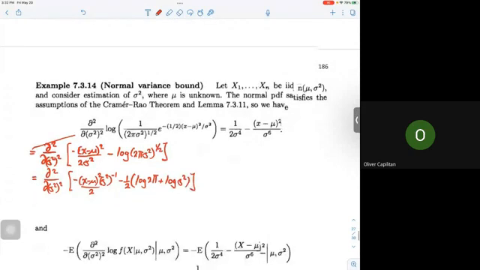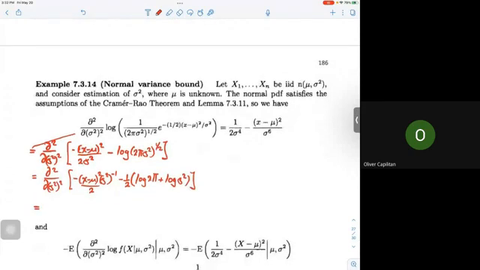So if we're going to take the derivative of that, the first derivative with respect to sigma squared, we have positive (x minus mu) quantity squared, the derivative of that, so negative, negative, sigma squared to the negative 2 divided by 2.